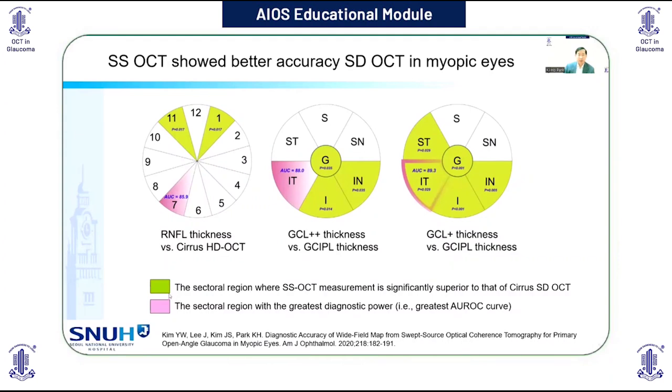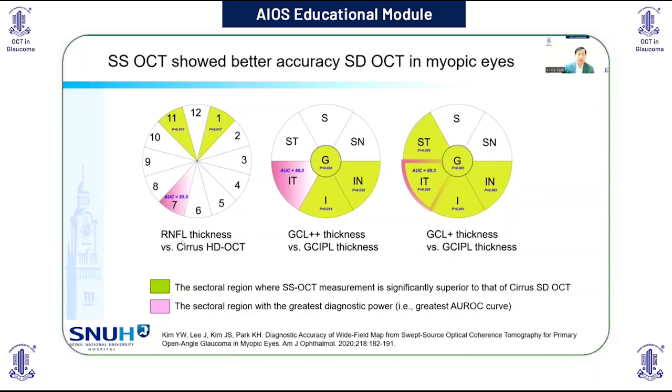As you can see in the green area, swept source OCT measurement is significantly superior to that of spectral domain OCT.